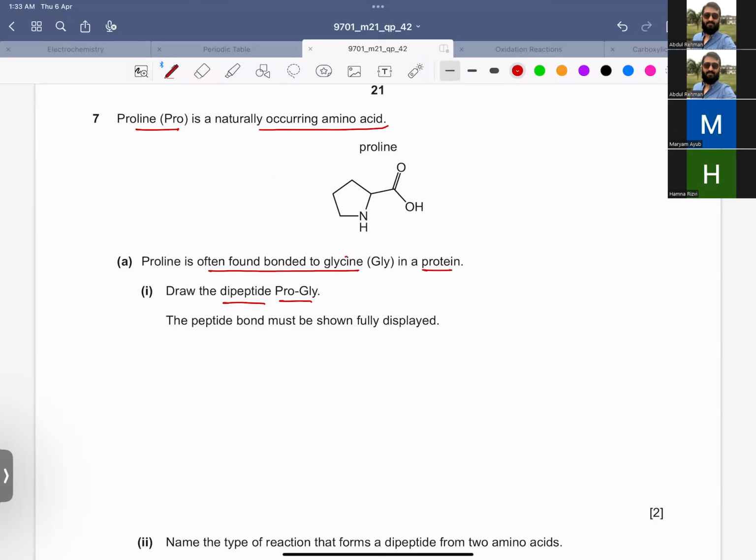So if they talk about glycine, they are going to give you the structure of glycine. So glycine is a carbon having two hydrogens, a carboxylic acid and NH2. Now what they are saying, draw the dipeptide pro and glycine, which means the first amino acid is proline and the second amino acid is glycine, and they both would be bonded to each other.